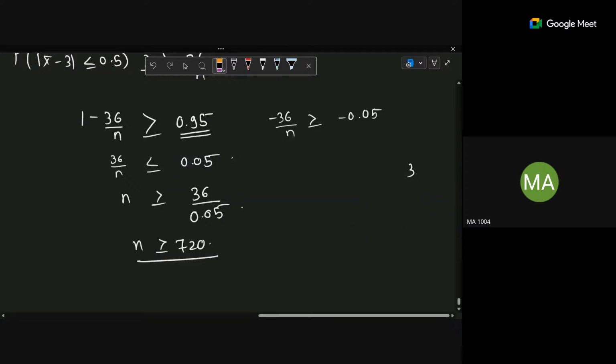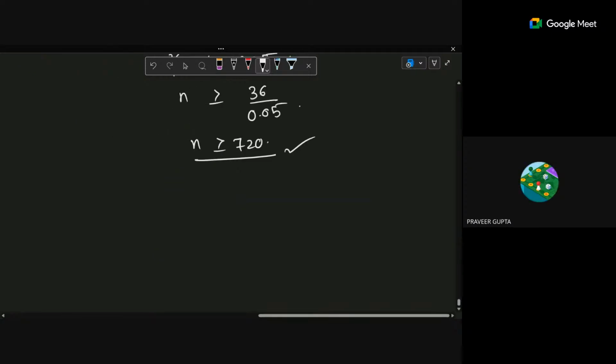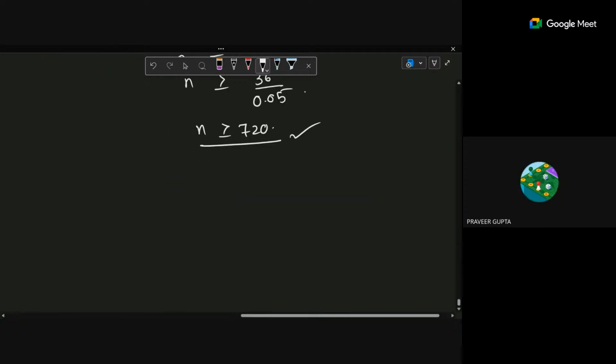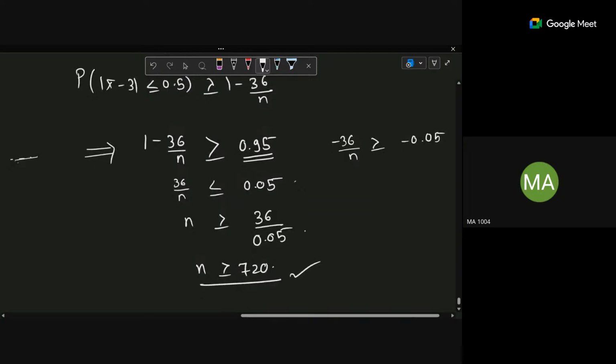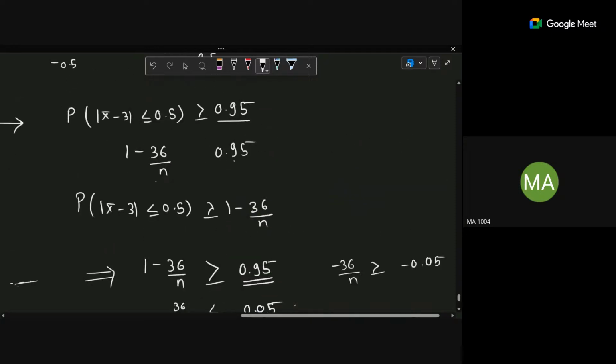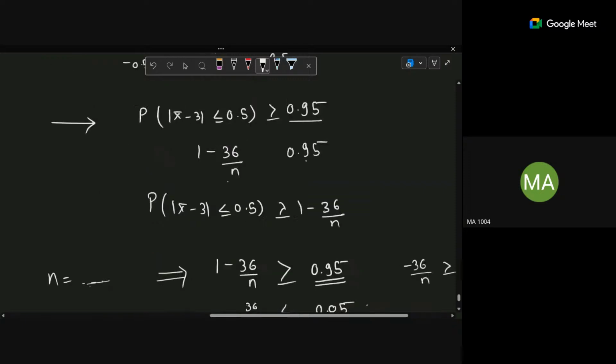Okay. So n is greater or equal to 17. How did this greater than or equal to sign come? Which one? This one? Yes, ma'am. So from this, which was given to us, this information, this equation number 1, let's say, is given to us.